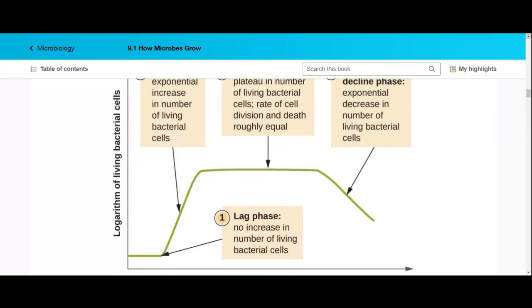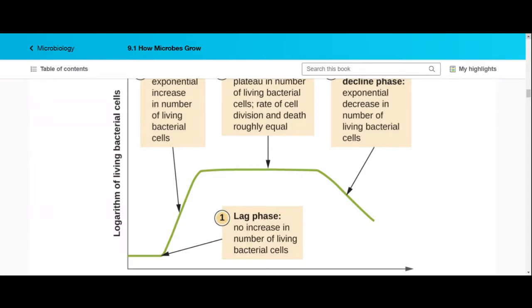And this is just the time it takes for them to get used to their new environment. They get introduced to the media, they get put in the incubator. At first, nothing happens because they just need time to get used to their new environment.